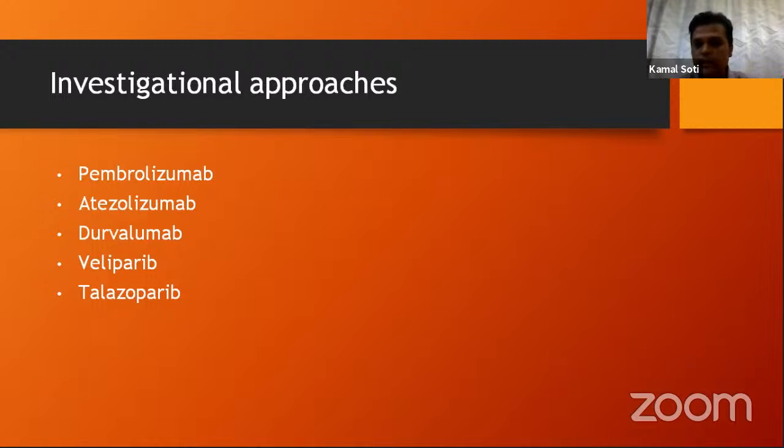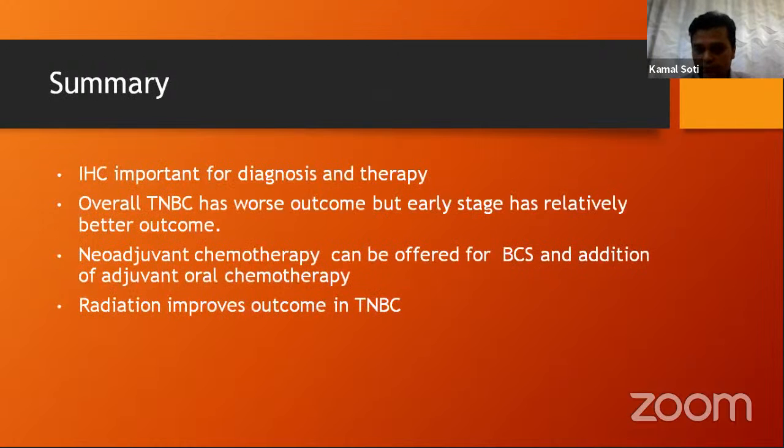So I think we need to combine many agents to see the response to the disease. In this short presentation, I would like to summarize that especially in triple negative breast carcinoma, immunohistochemistry is very important for diagnosis and choosing the right therapy. Overall, though there is a heterogeneous group of diseases in the triple negative breast carcinoma subset, overall TNBC has a worse outcome.